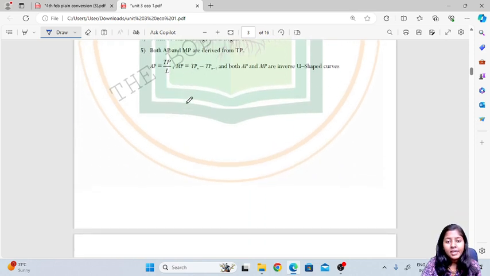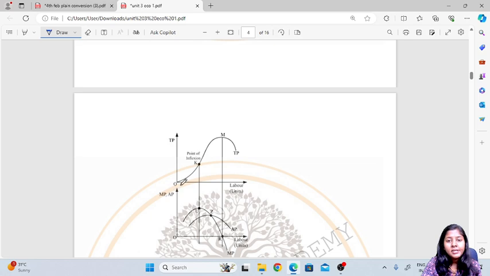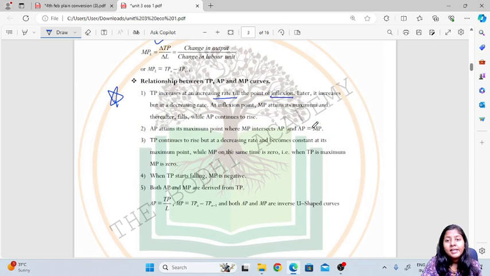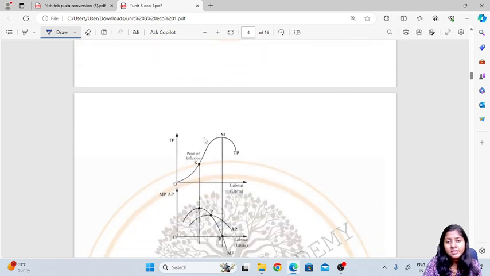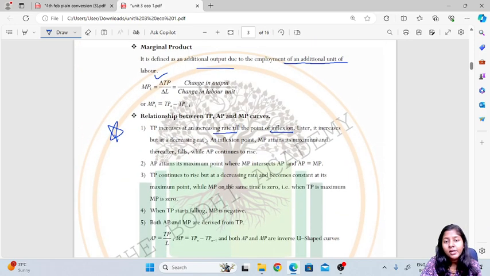Here we can see TP increasing till the point of inflection, and later it is increasing at a decreasing rate. At the inflection point, MP attains its maximum and thereafter falls while AP continues to rise.